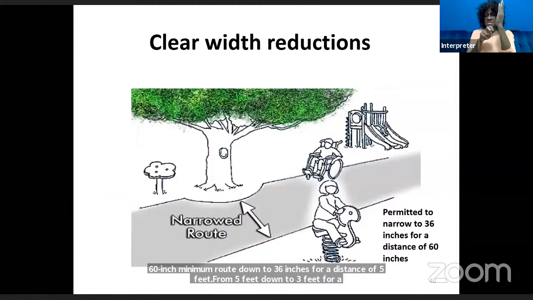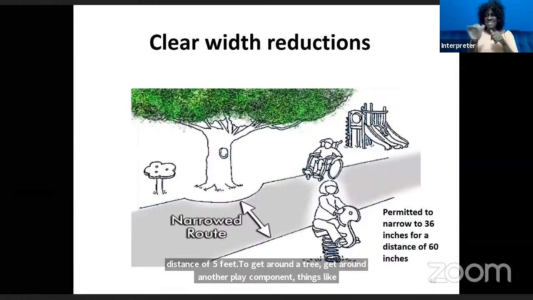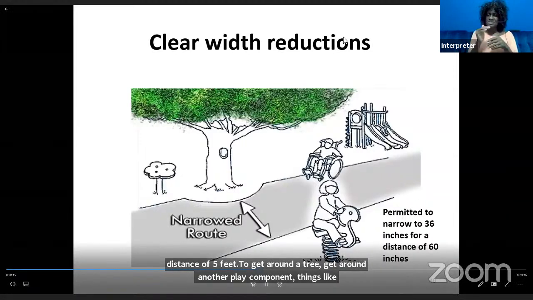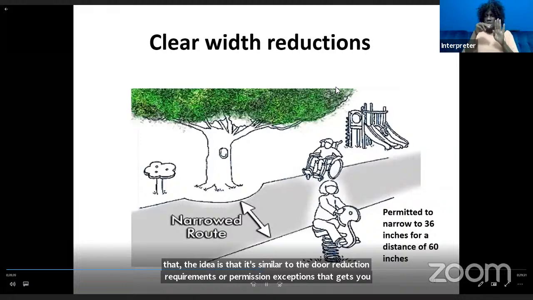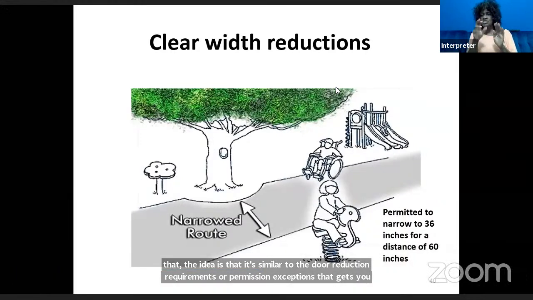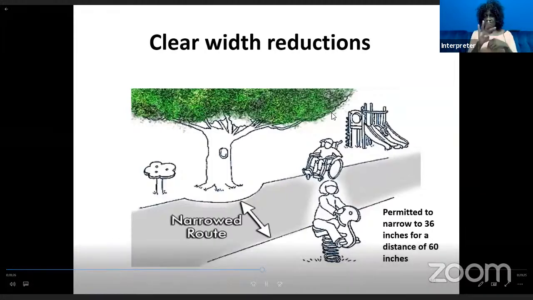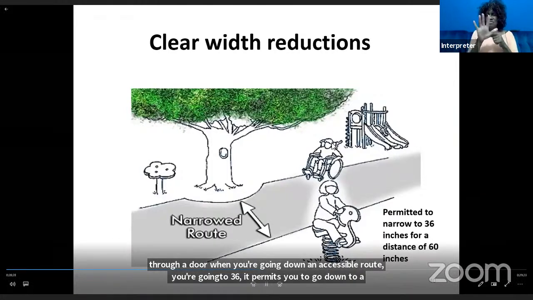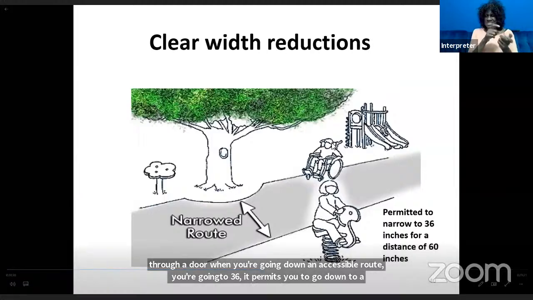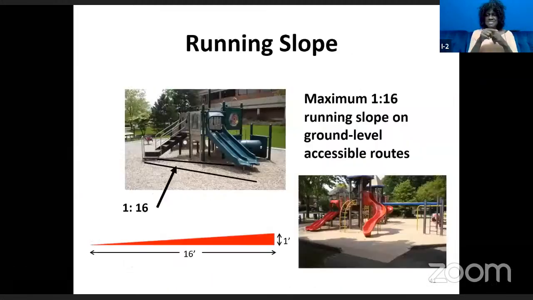The idea is that it's similar to the door reduction permissions, exceptions that get you through a door. When you're going down an accessible route at 36, it permits you to go down to 32 for a distance of 24, separated by 48. This is just for a distance of 5 feet. I don't believe it specifically addresses the distance between those 5-foot intervals.